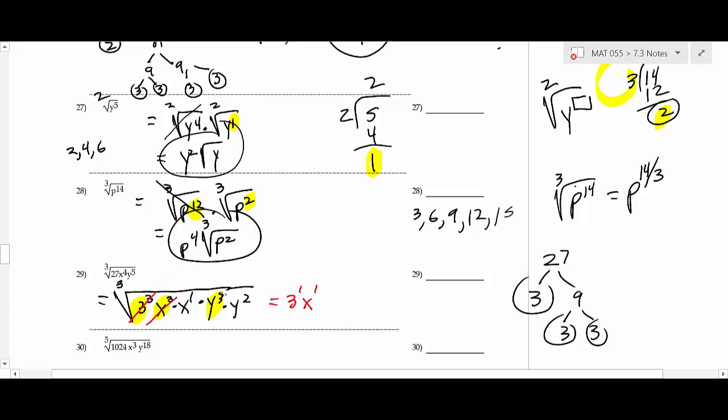X to the first. What's the cube root of y to the third? Y to the first. Tell me what's left over under the radical. Whatever had smaller exponents than 3. So it'd be x to the first, y to the second. So you write the answer as 3xy times the cube root of x to the first, y to the second.